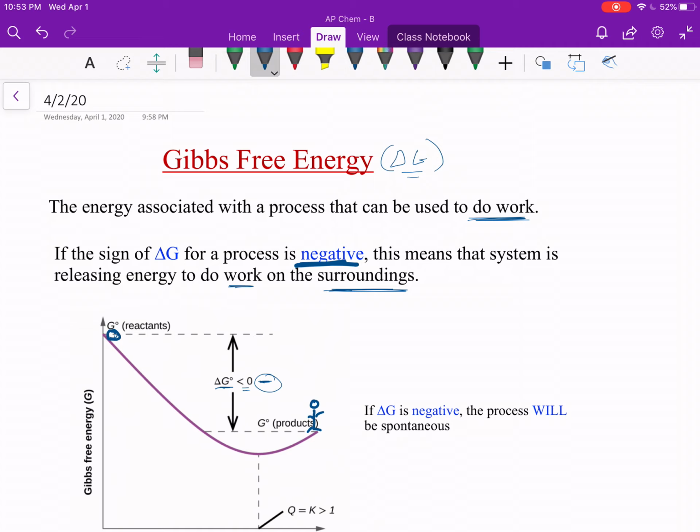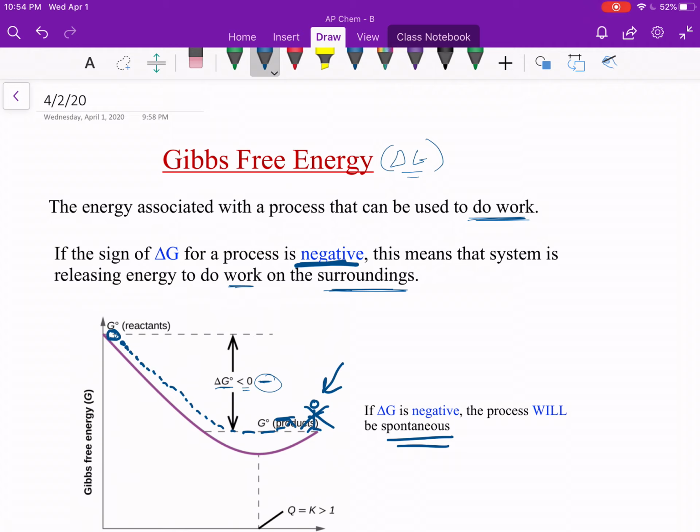If that rock comes down the hill, it's pretty much going to take out that person. We're not going to have to do anything to that rock to get it to do that. And remember, if we have a process that we don't have to do any work to, that process is going to be spontaneous.